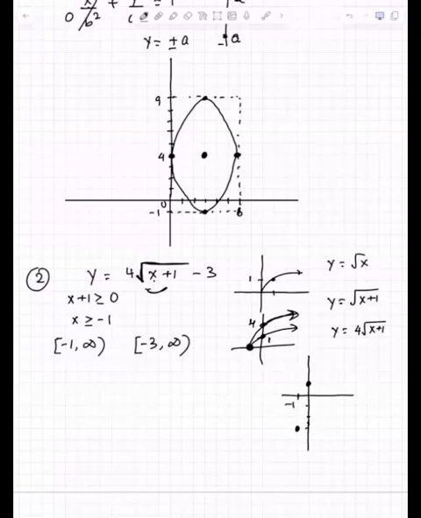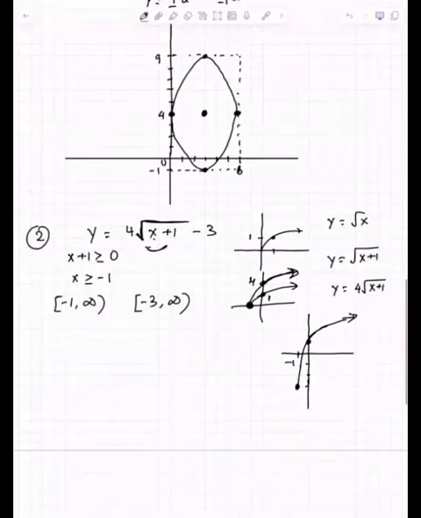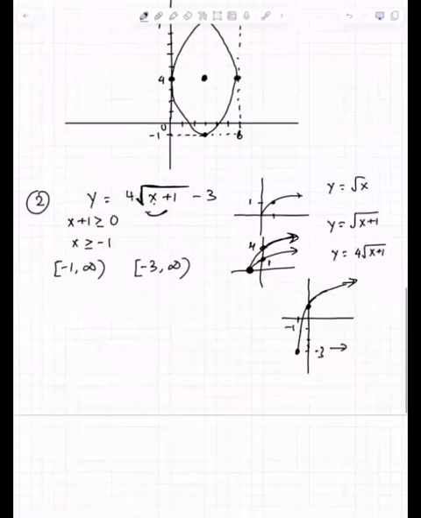Right? And the graph will look something like this. So what's the domain we can see is -1 to infinity, and the range, the smallest value here, is -3 to infinity. Okay, and that's kind of the sketch.